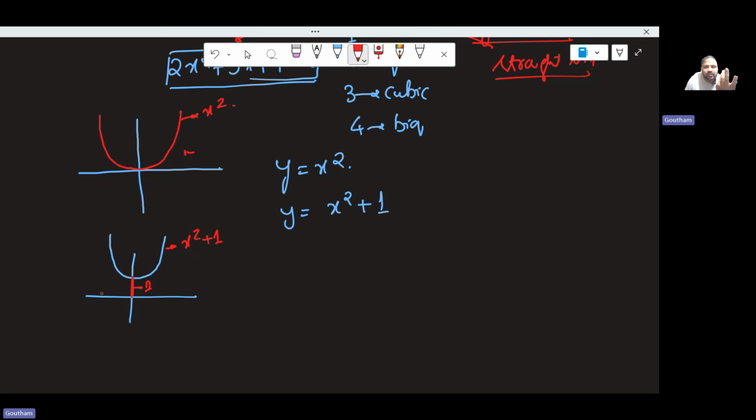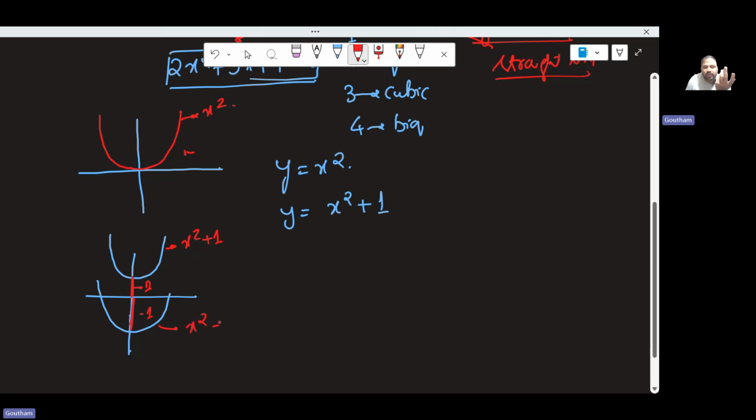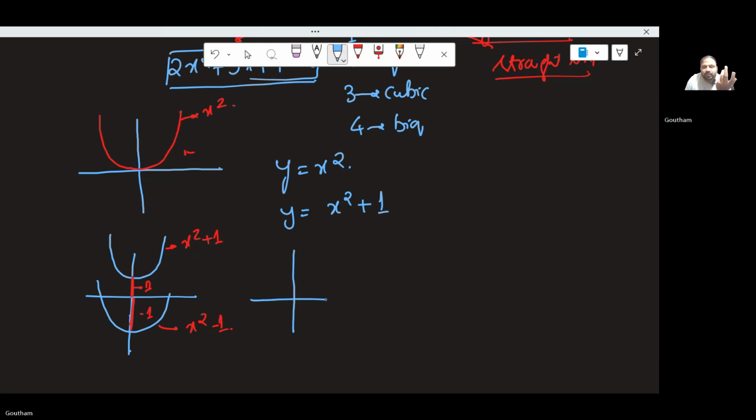Similarly, what happens when it is opening downwards? It is minus 1, so this is my x square minus 1 curve. Now, what happens if y is equal to x minus 1 the whole square? Very simple.